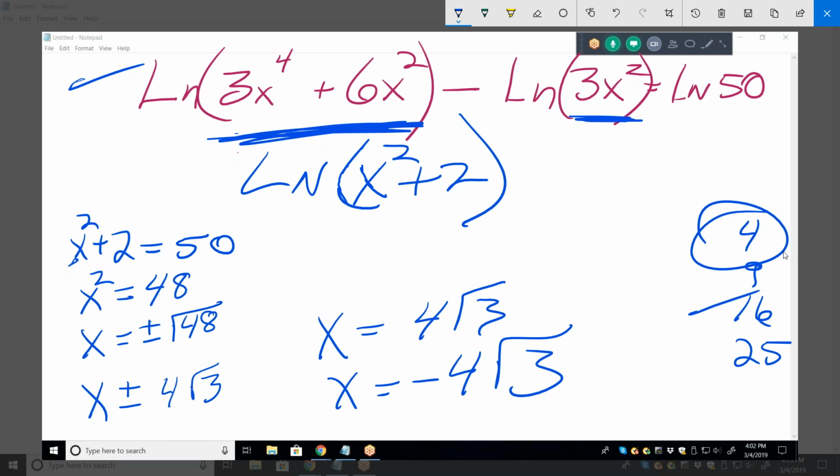The reason they're not exactly the same is because when you go to check your answer, it makes a great deal of difference sometimes whether you check it in the original or in that one. Sometimes it will violate the domain in the original and will not violate it in the simplified.